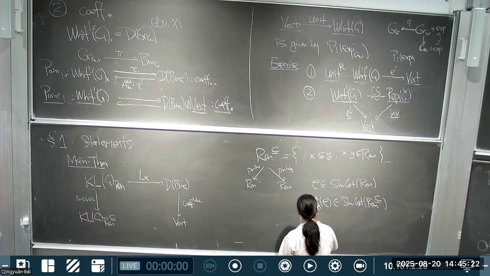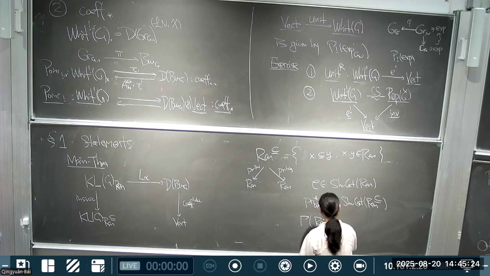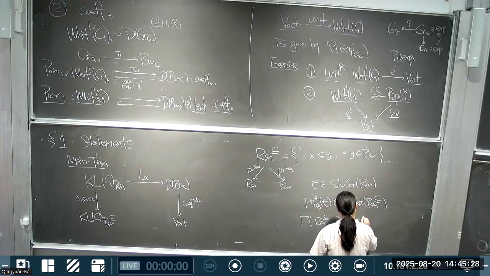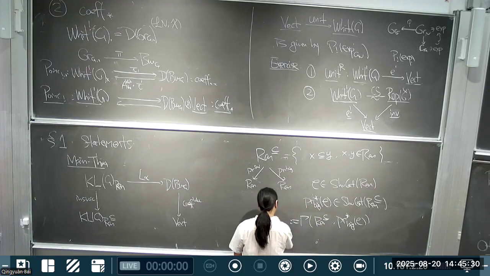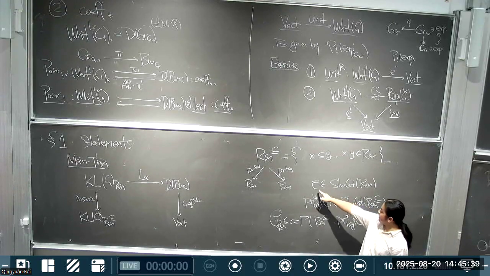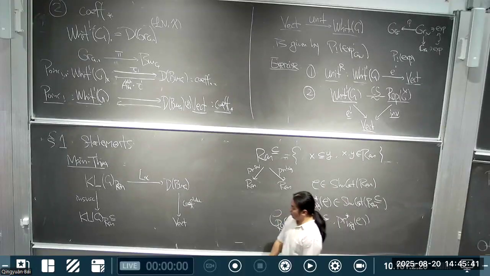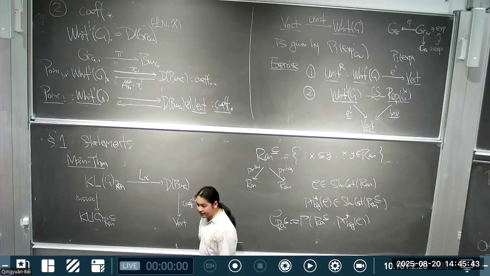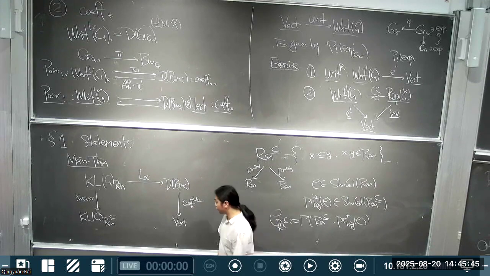I will call this global section Ran subset. This is the meaning of this notation, and we apply it to the case when C is KL, and we obtain that category. It's really just a category, it's not a sheaf of categories.